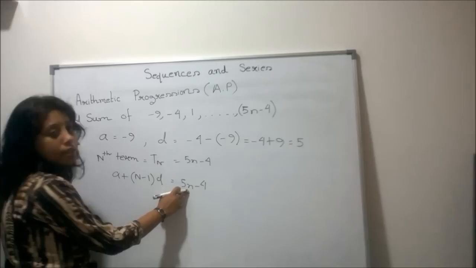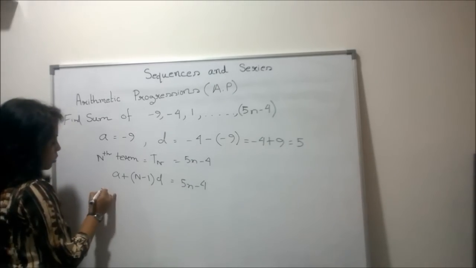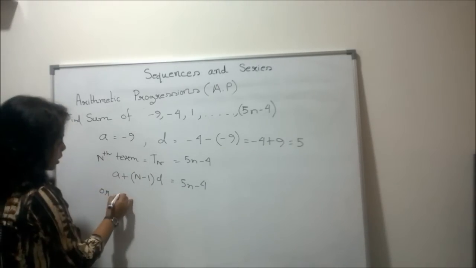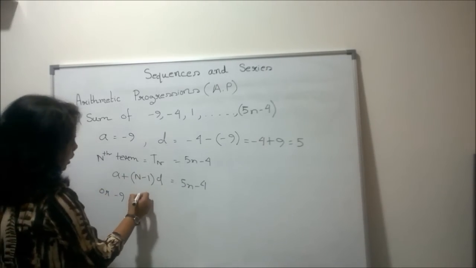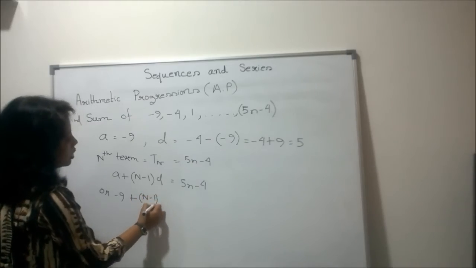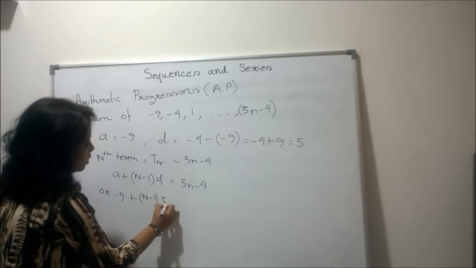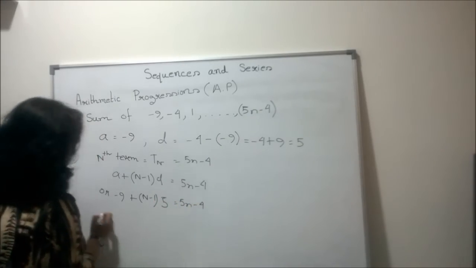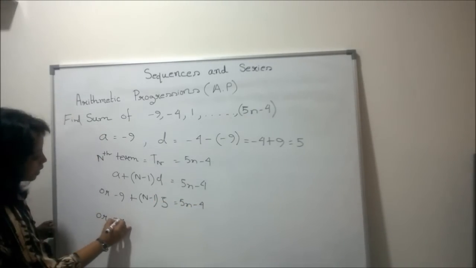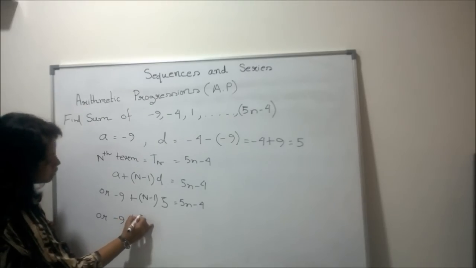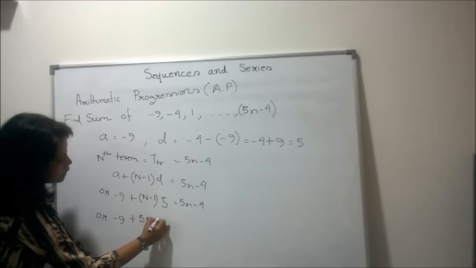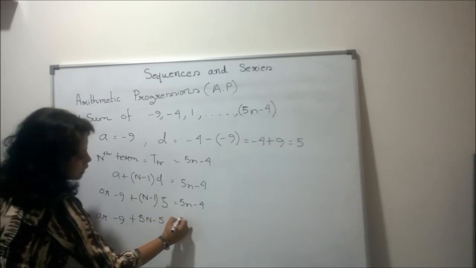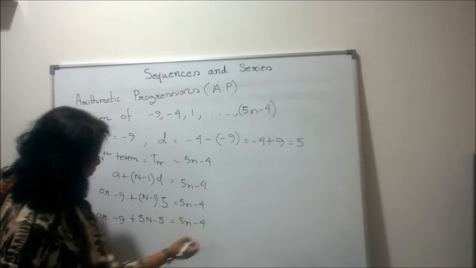This is just a number here. So A, we know A is minus 9 plus N minus 1, D is 5. So 5n minus 4. So here from we get minus 9 plus 5N minus 5, that is 5n minus 4.